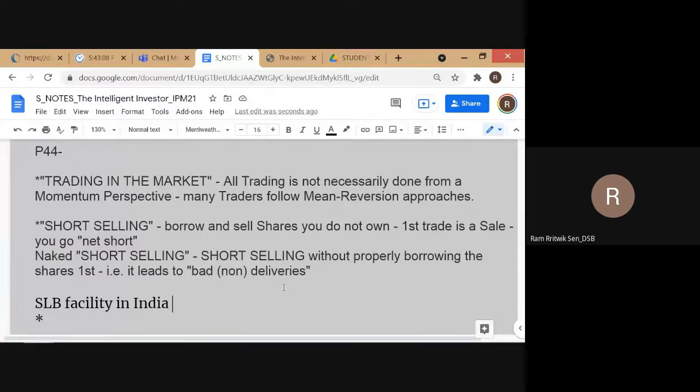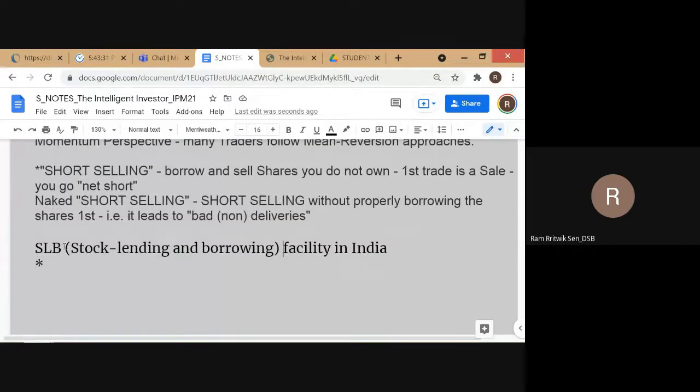Okay, so the SLB facility in India. SLB stands for stock lending and borrowing. This has been started now in India, but we were a little late to the game because we were afraid that if we allow short selling, it would be bad for the market.